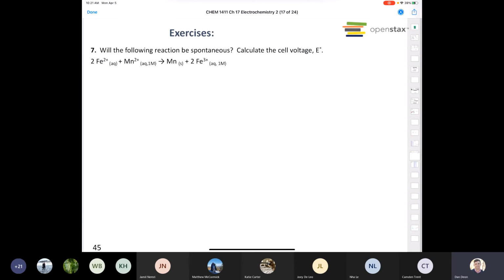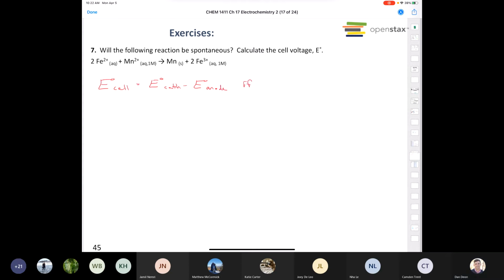I don't think it's that much of a stretch for my students. It says, will the following reaction be spontaneous, yes or no? All we have to do is calculate E cell. I told you that the standard potential of the cell is equal to the standard reduction potential of the cathode, subtract the standard reduction potential of the anode.